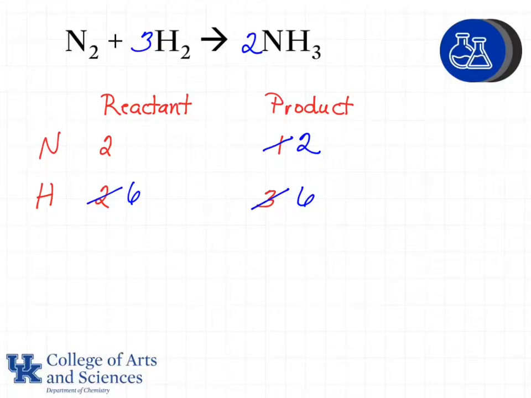With these coefficients, I have a balanced chemical equation because I have the same number of nitrogen atoms on the left and right and the same number of hydrogen atoms on the left and right. Notice that there is no coefficient, no number in front of nitrogen. When no number is included, that indicates a 1.